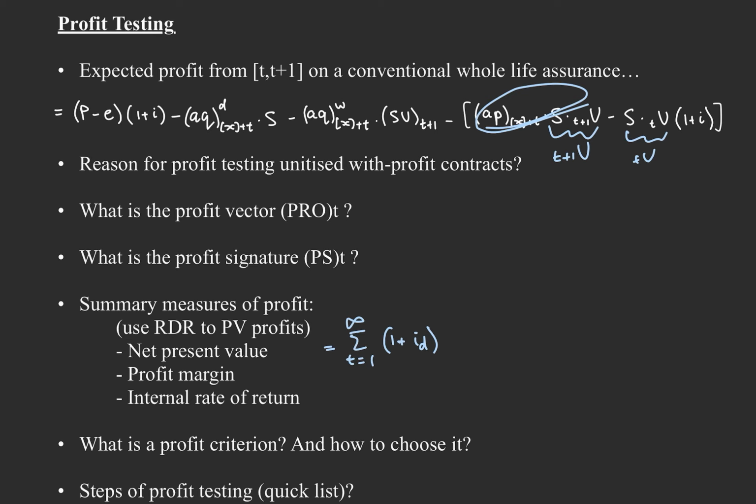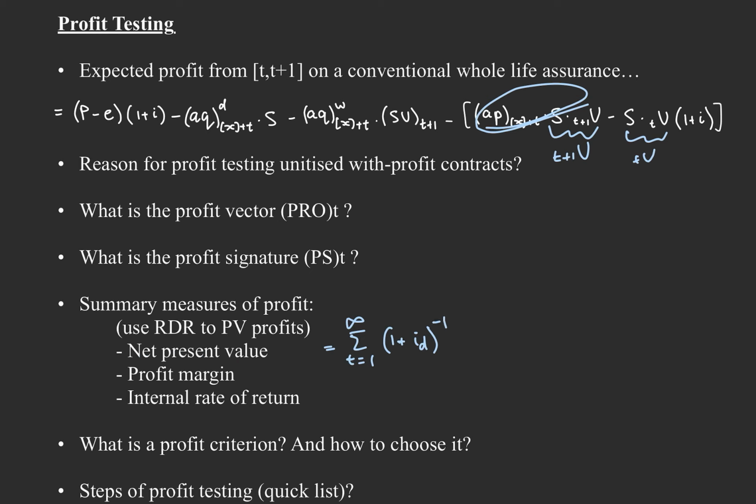Okay, so we use the risk discount rate to present value profits in this net present value. The reason we're using a risk discount rate is because we have to take into account that little risk premium as well as just the cost of the capital that we have. So we discount profits using the risk discount rate.